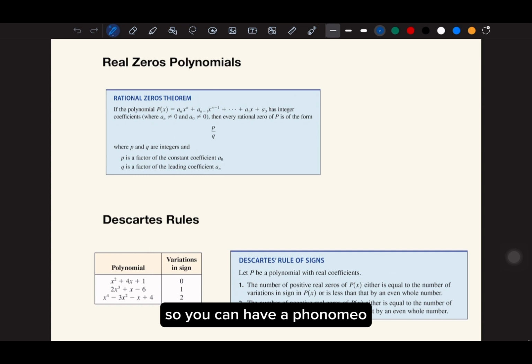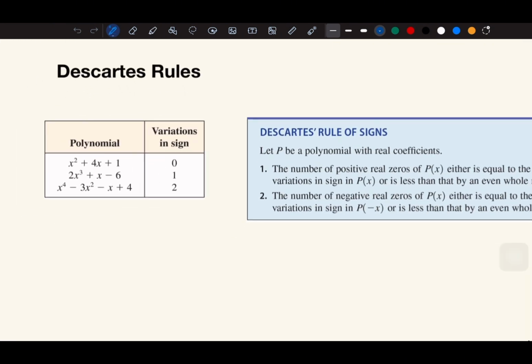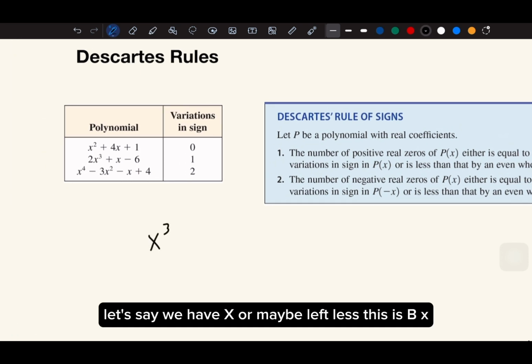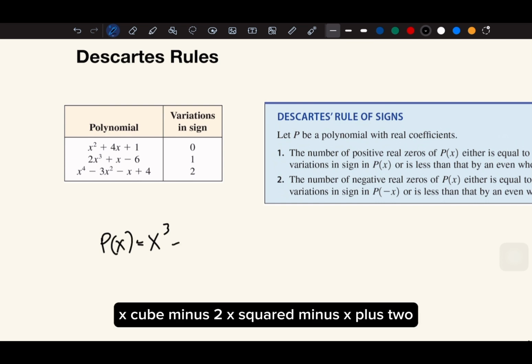So if you have a polynomial, let me write some polynomial. Let's say we have p(x) = x cubed minus 2x squared minus x plus 2.